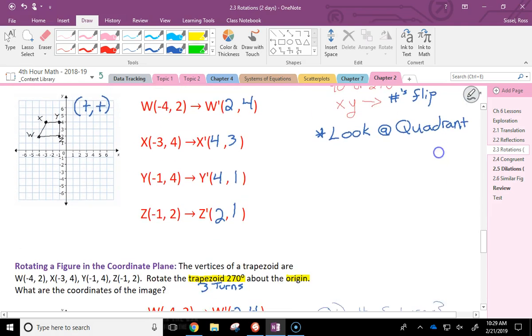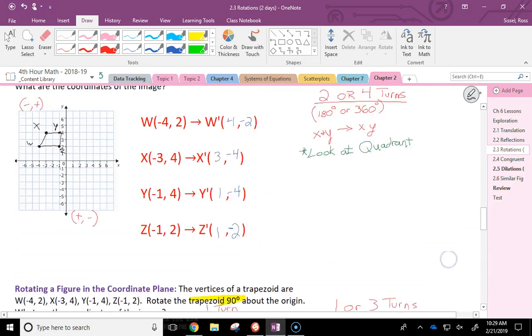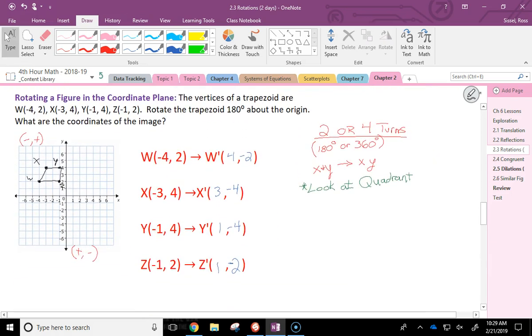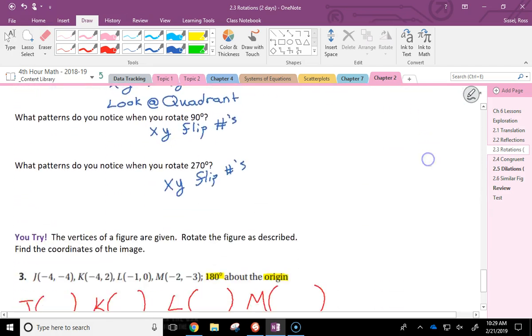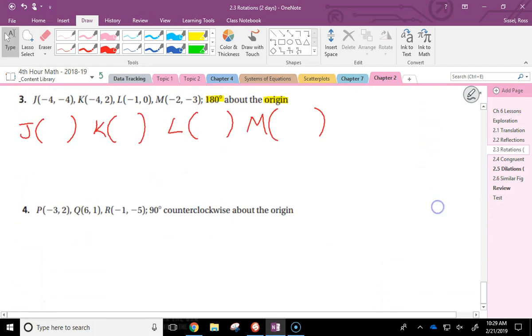Stay the same. 2 turns, 180 degrees or 360. They stay the same. So, right now, I can tell my numbers are going to be 4, 4, 4, 2, 1, 0, 2, 3.